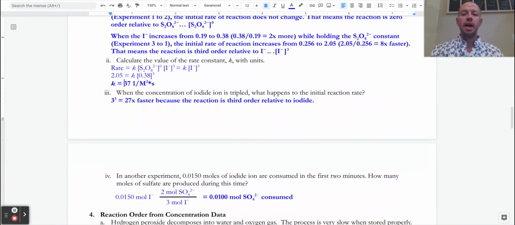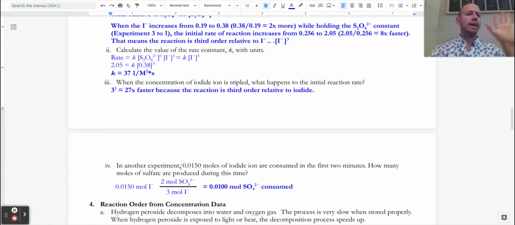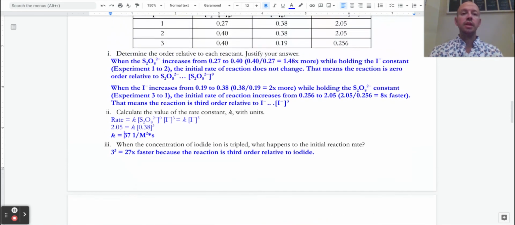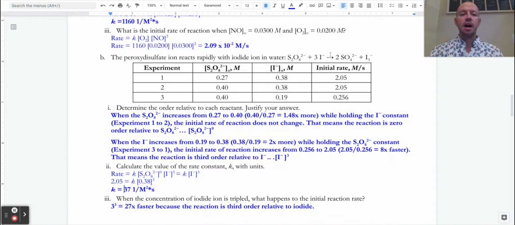Oh, sorry. And then this last part here connects all the way back to what we started with in our first videos. If we're thinking about how much of something is consumed, it is stoichiometry. So even though we defined this is zero order and we don't think of orders in terms of our products, we still have a 1 to 3 to 2 to 1 ratio.